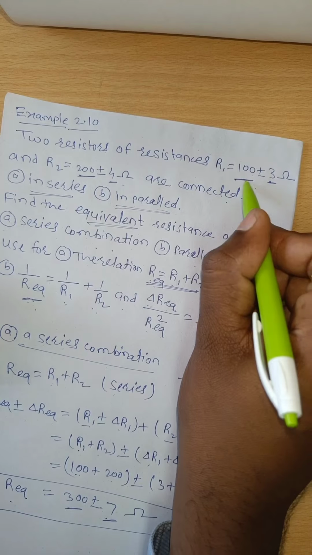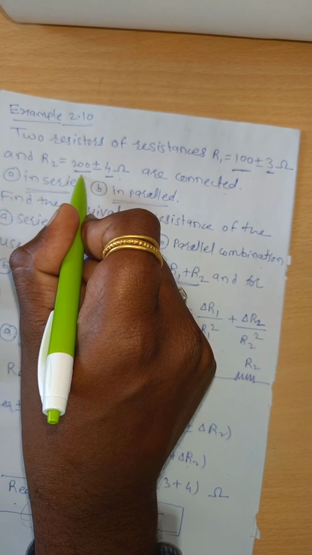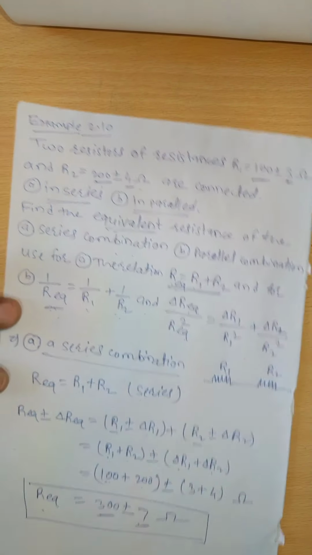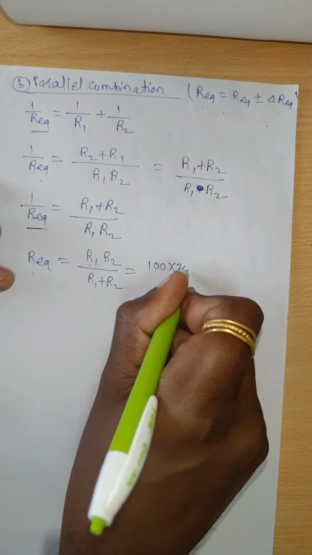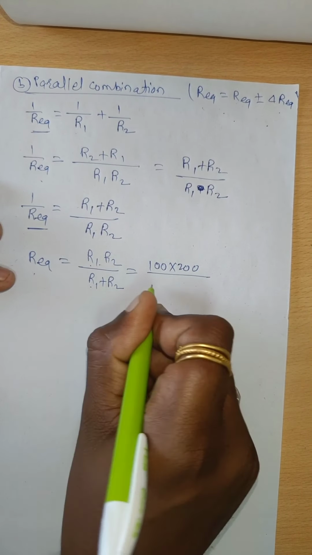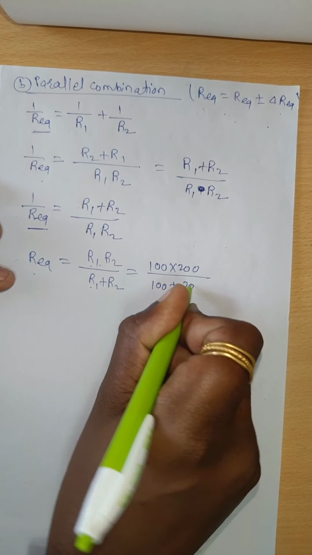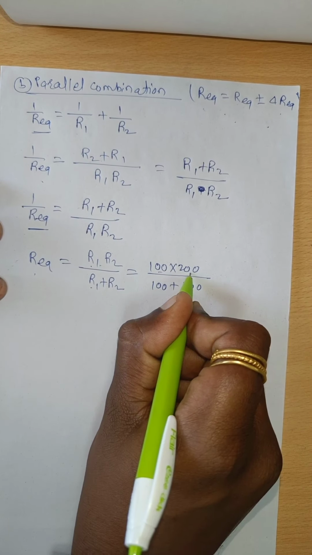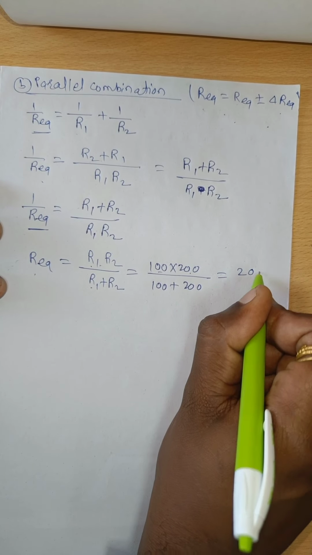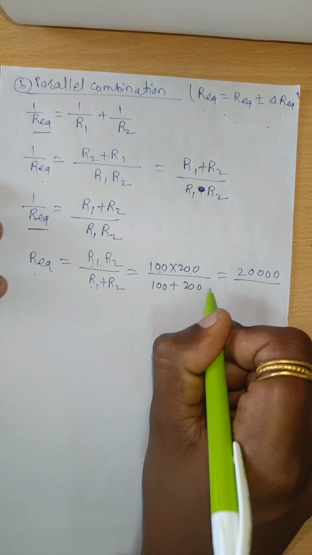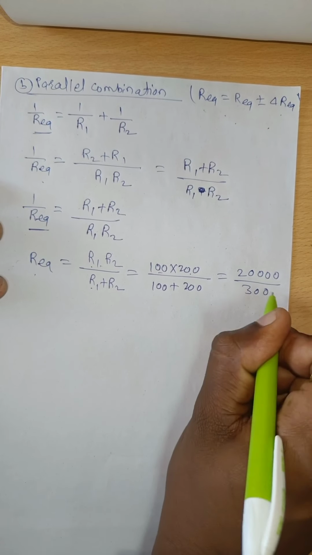What is the value of R1? The value of R1 is 100 and the value of R2 is 200. Therefore 100 into 200 divided by 100 plus 200. 100 into 200 is 20,000, divided by 100 plus 200, which is 300.